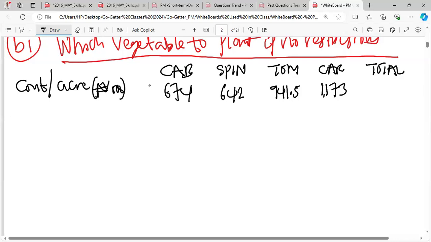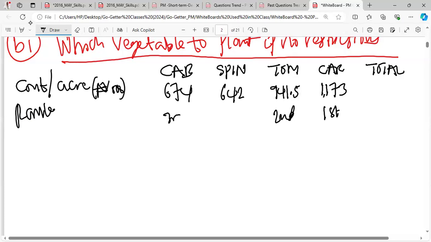You are going to plant the one that will give you more contribution. So that means you will not plant spinach because spinach will give you the least contribution. You won't plant cabbage because it is the second least. So you will now rank. This is your first. This is your second.